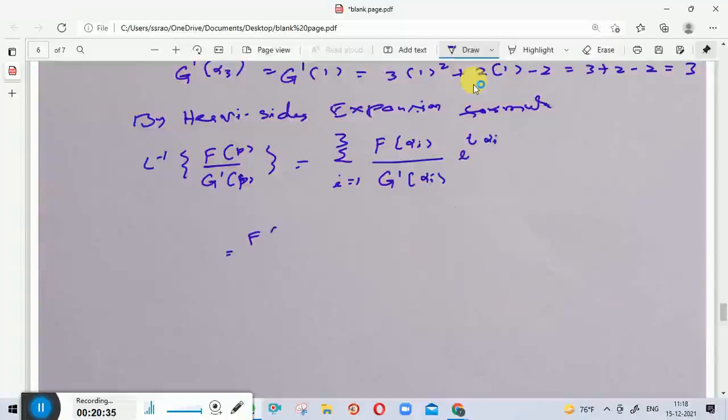writing i is equal to 1, f of alpha 1 by g dash of alpha 1 into e power t alpha 1. Similarly, writing i is equal to 2, f of alpha 2 by g dash of alpha 2 into e power t alpha 2.